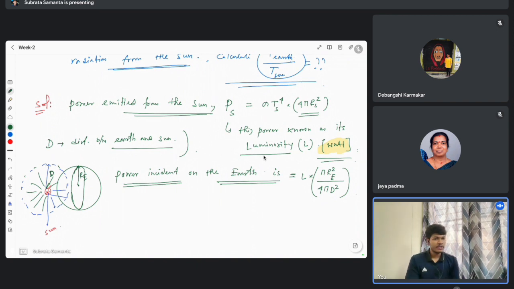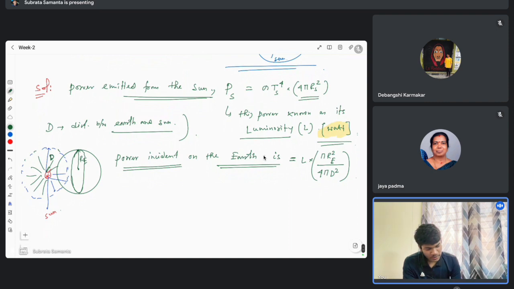If it's not clear, then please write your voice, then I can discuss again. Okay, so think about it. So this is the power incident on the Earth. Now, what is the power emitted from the Earth?